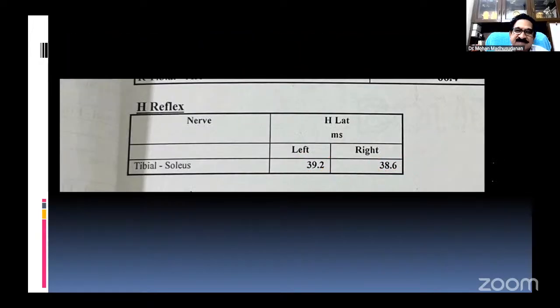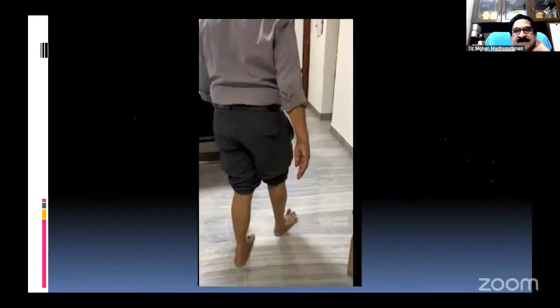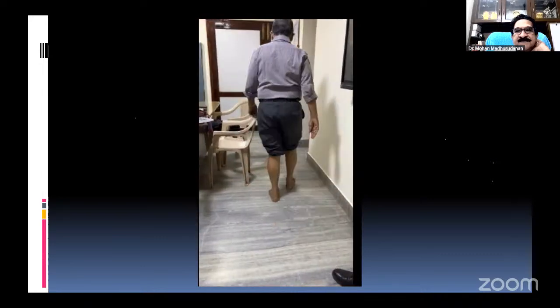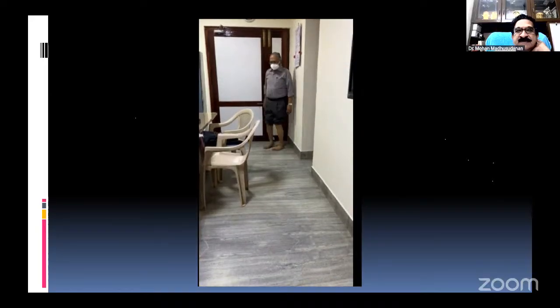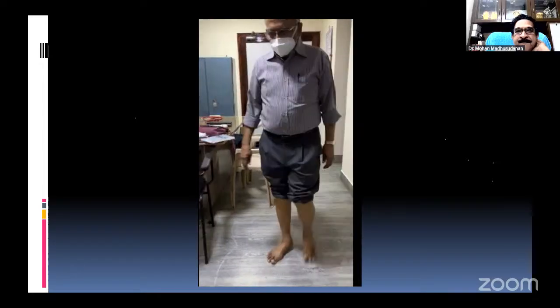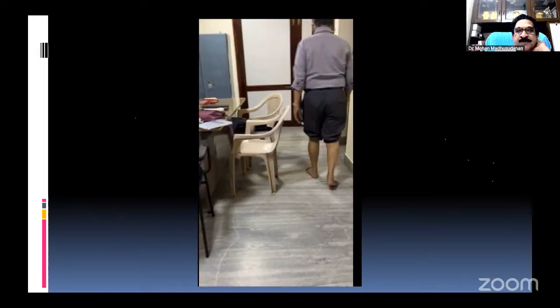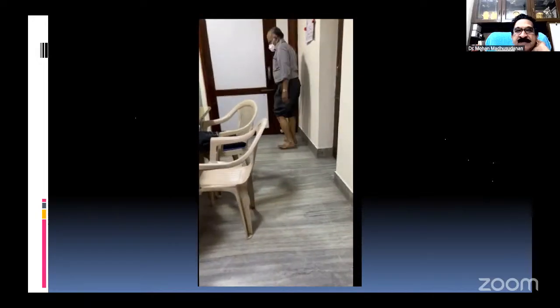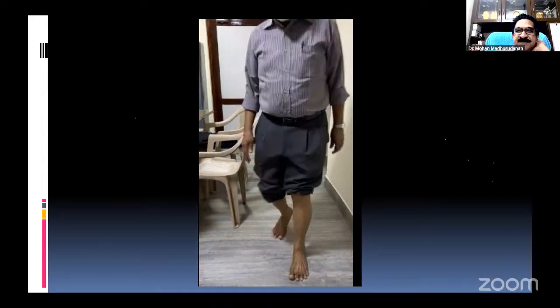Let us see that. See the gait of the patient. When asked him to walk fast, he could walk fast. See, look at the gait now. Keep that gait in your mind. Look at the knee. Okay. Now see this on the patient which I have shown.